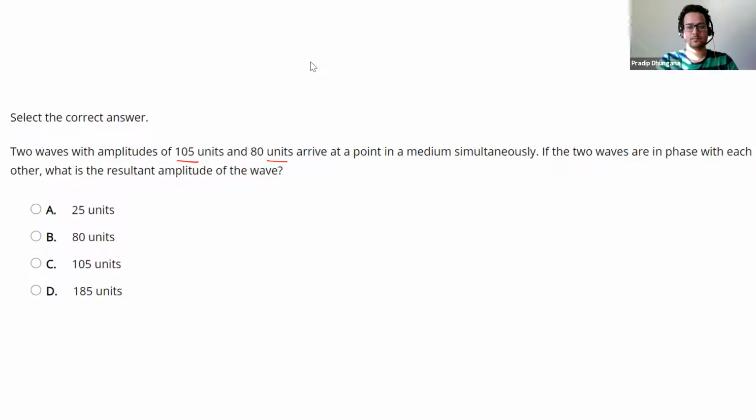I'll launch the poll again. Answer this question, I'll give you some time and then I'll answer it. Think about what we should do if the two waves are in the same phase. Either we have to add or subtract.